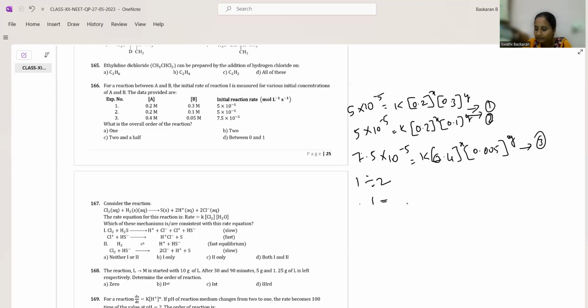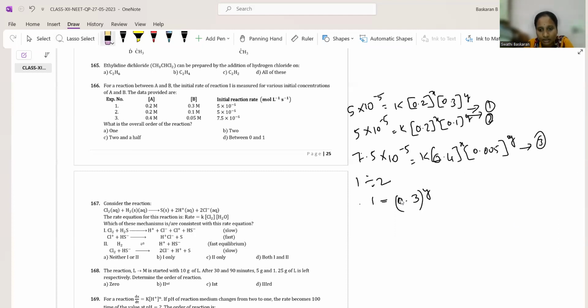What is remaining? You will get 0.3 by 0.1 raised to the power Y. Now 0.1 and 0.3 we can write as 3 raised to the power Y.